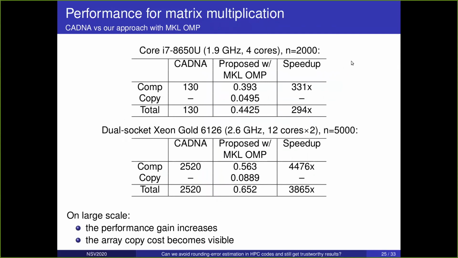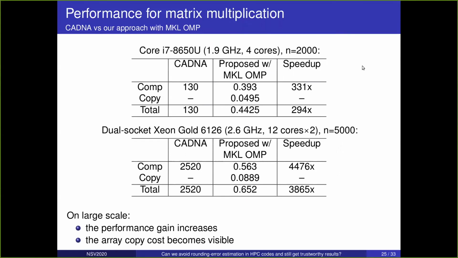So here you have 2 tables, still for matrix multiplication. The first one has been obtained with matrices of size 2000 using 4 cores. And the second table has been obtained for matrices of size 5000 with 24 cores. And so you can see here that on large scale, the performance gain increases.